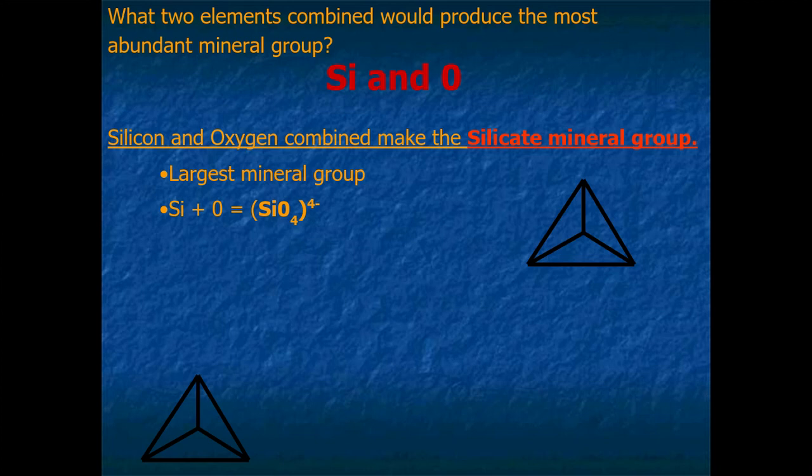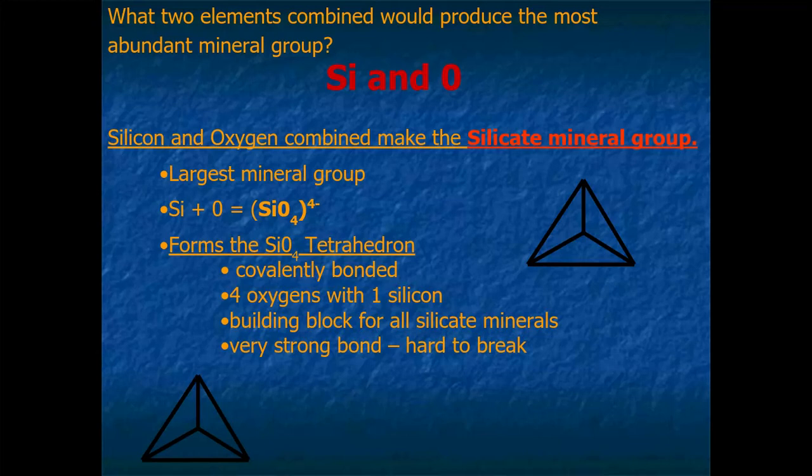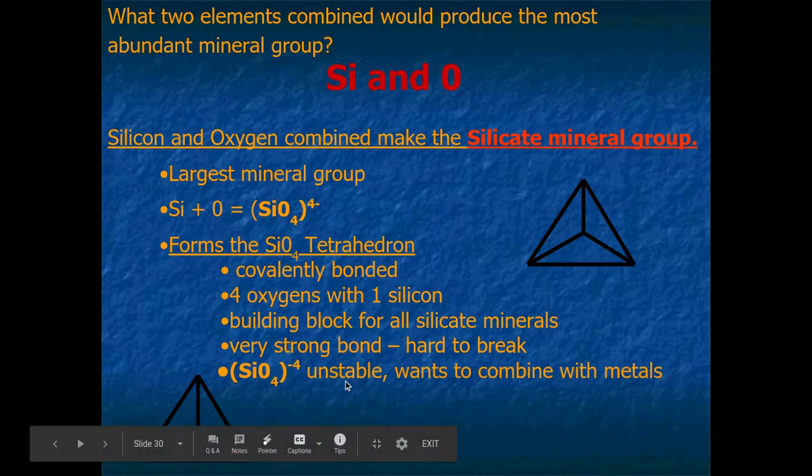And the higher that number, in this case it's -4, which would be high, is telling you that this particular ion then is very highly unstable. And in fact, because it's unstable it wants to combine with any kind of metal that it sees.